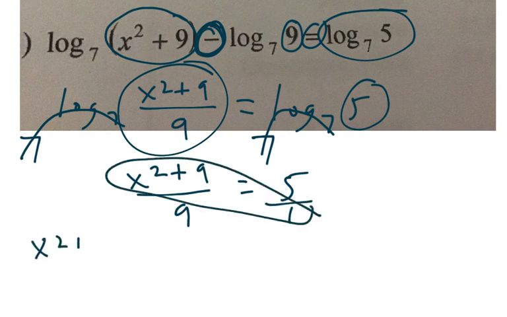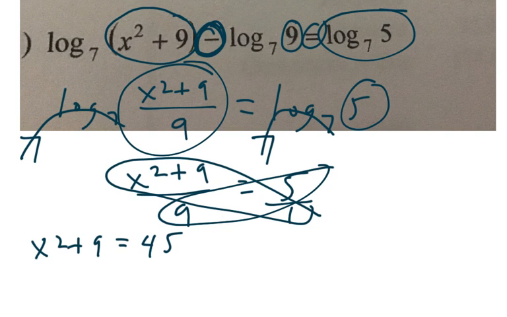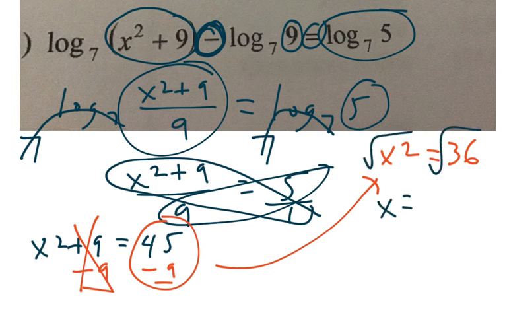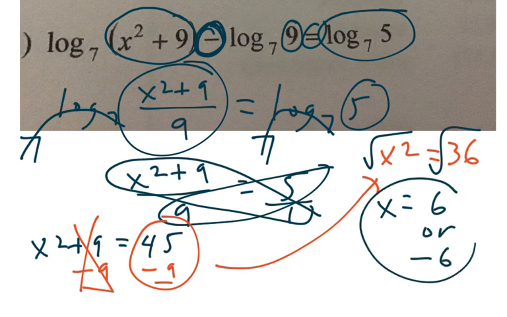So x squared plus 9 equals 9 times 5 is 45. We're going to minus 9 each side. So x squared is going to equal 45 minus 9 is 36. So when I square root, x is 6 or negative 6.